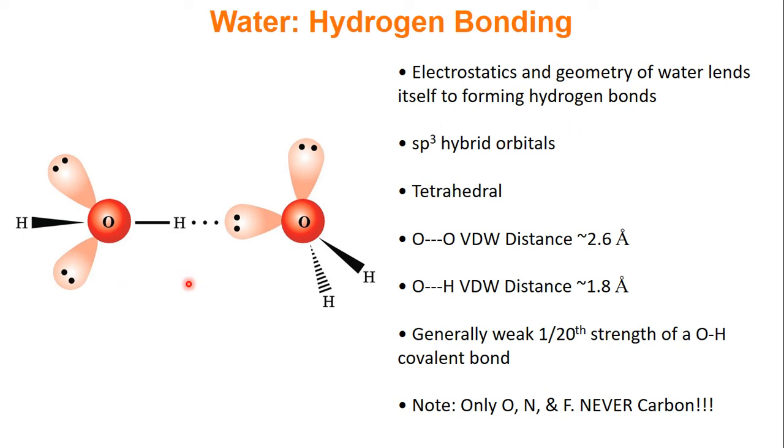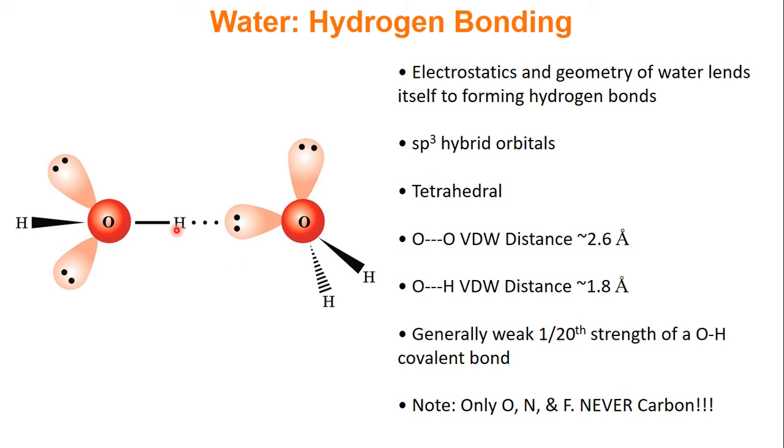Shown here in this image is a hydrogen bond, and we usually show it through dots or dashes. Here we have the hydrogen of one water hydrogen bonding with the lone pairs of oxygen of another water. And in general, we can determine if something is hydrogen bonding through distance and through bond angles. So I'm just going to talk about distance right now because that's the easiest to understand.